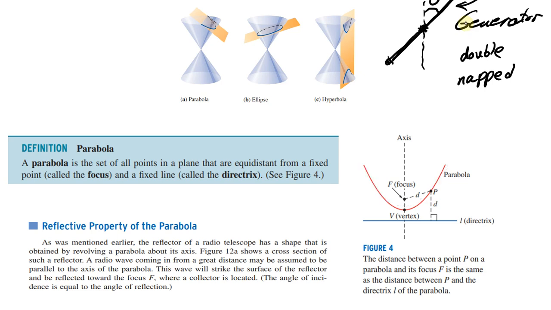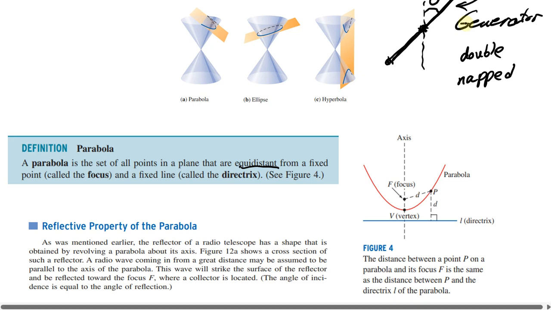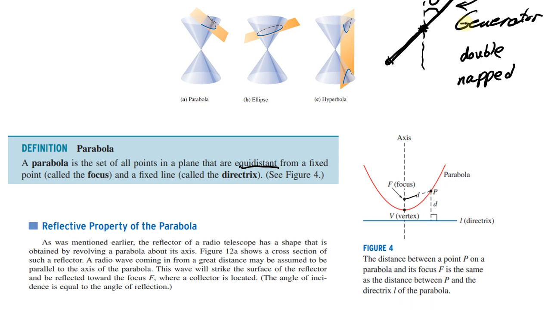Okay. Now, if you notice here, based on the equidistant statement that we have, the distance from a fixed point, the focus, to a point on the parabola is the same distance as from the point to the directrix, and both of these are d. All right, so this point P qualifies as a point on a parabola. Now, for what I have here, if the focus is here and the directrix is here, for instance, this will not be a point on the graph of this parabola.